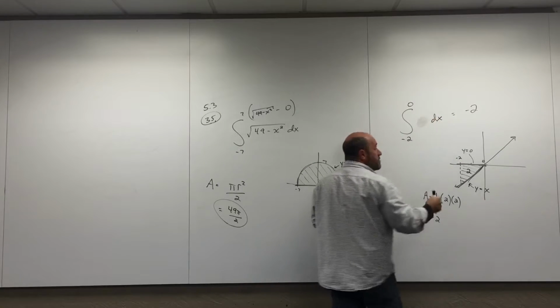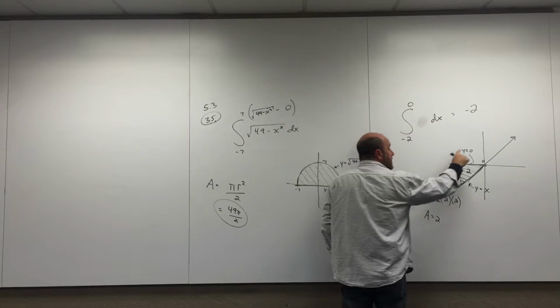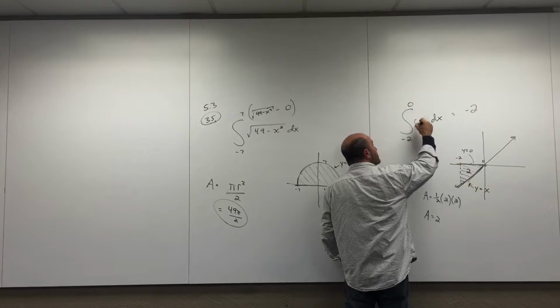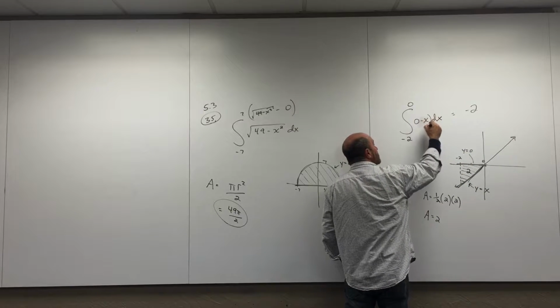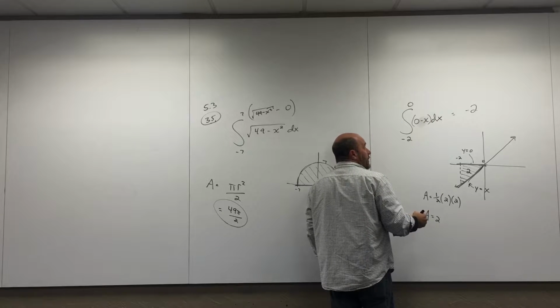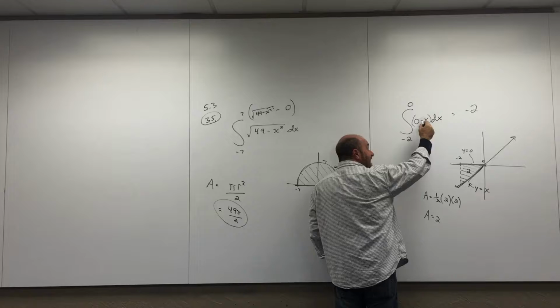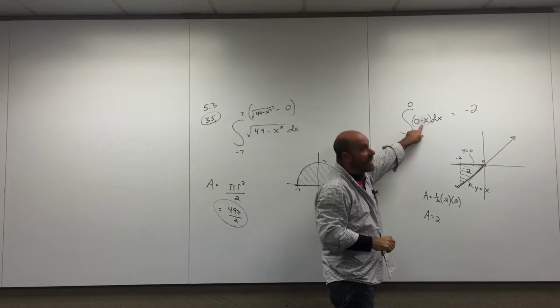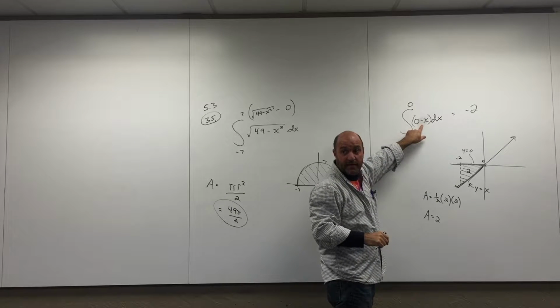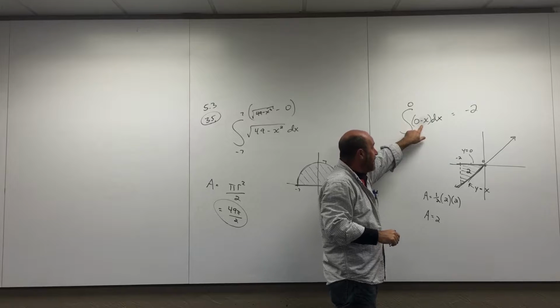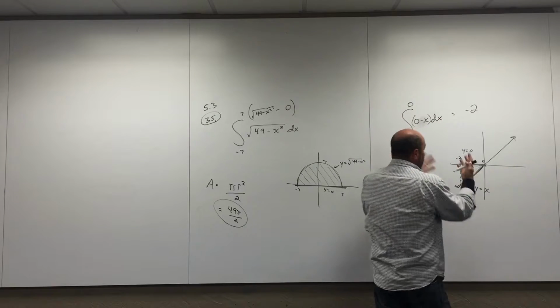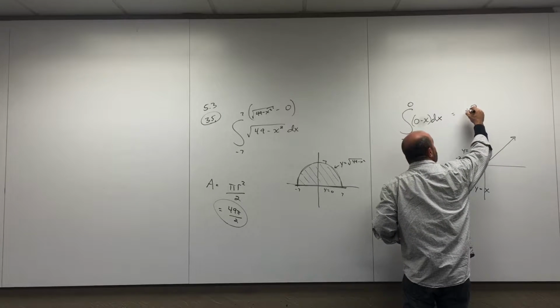If I want it to be positive area, I would say top curve minus bottom curve. That would be 0 minus x. Look, I'm introducing a negative sign by doing this, right? And therefore, it'll negate this answer, and it'll give me an answer of positive 2.